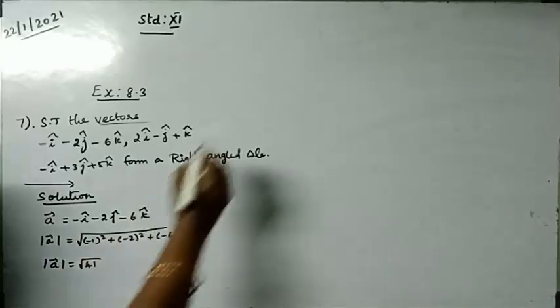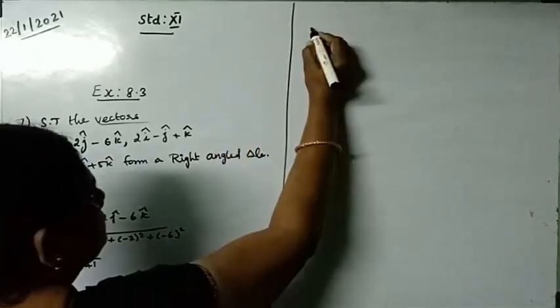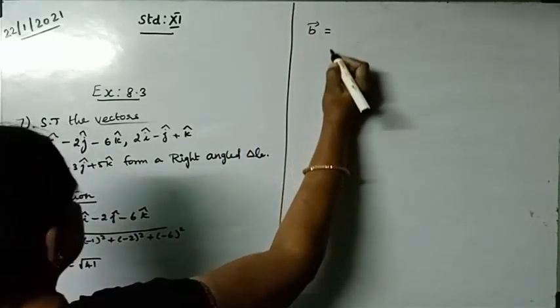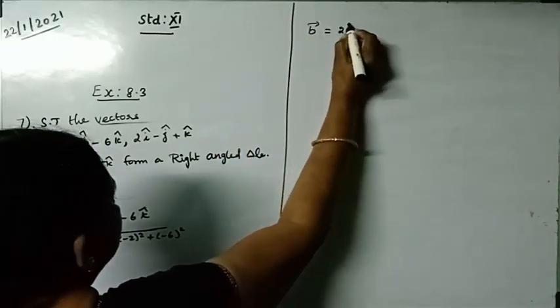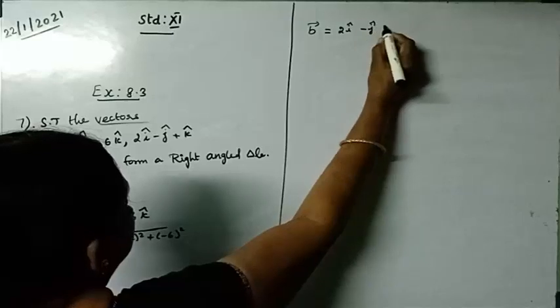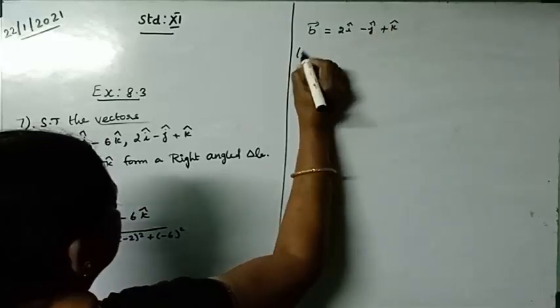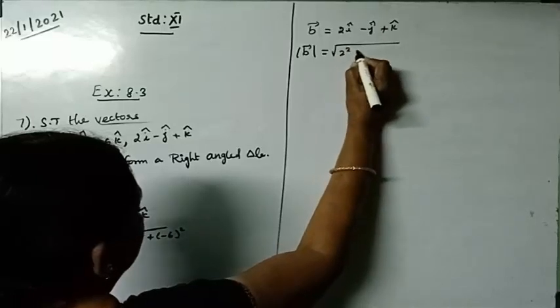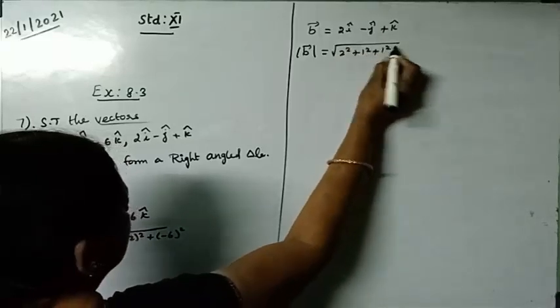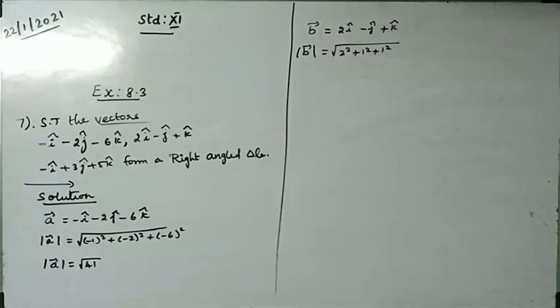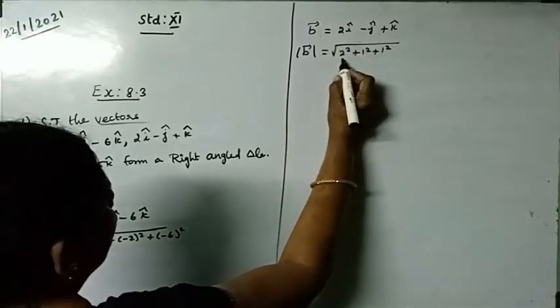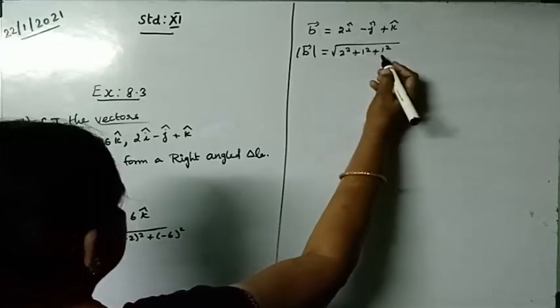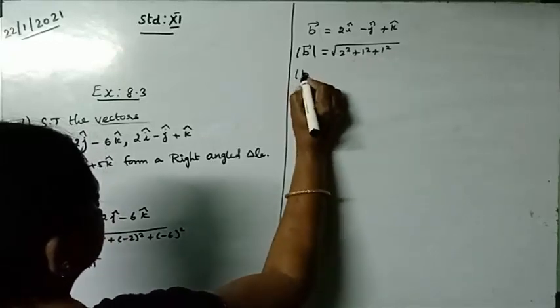And then take B vector. B vector is equal to 2i cap minus j cap plus k cap. Find the modulus of B vector, which is square root of 2 square plus 1 square plus 1 square. Minus 1 போட்டாலும் square எடுக்கும்போது plus ஆயிரும். So you can write like this. So 4 plus 1 plus 1 is 6, so root 6.